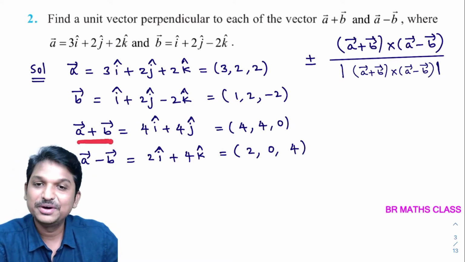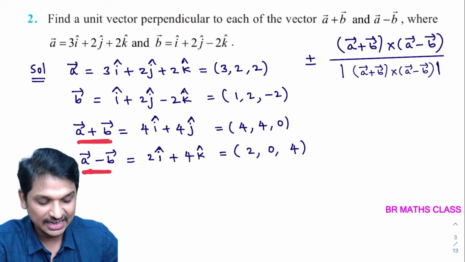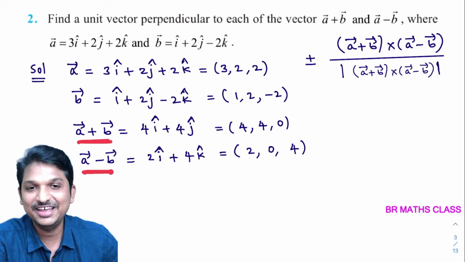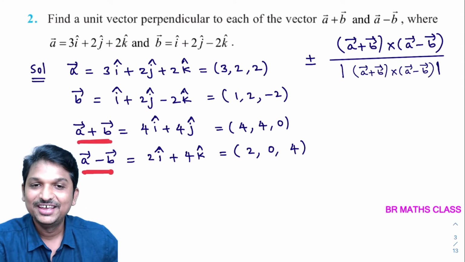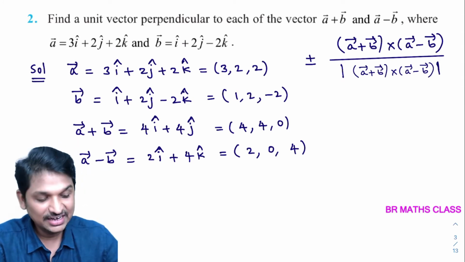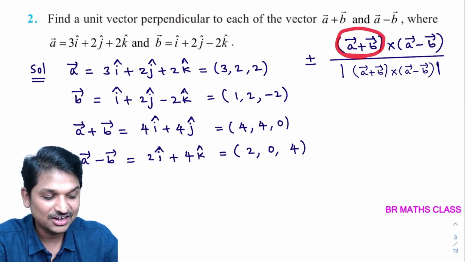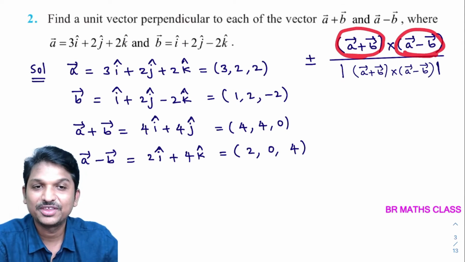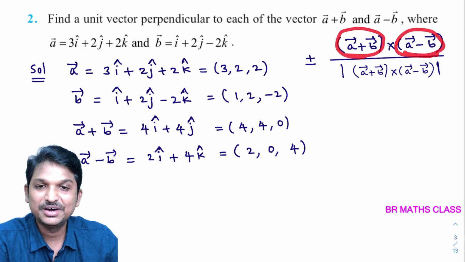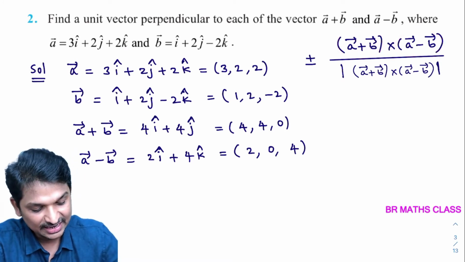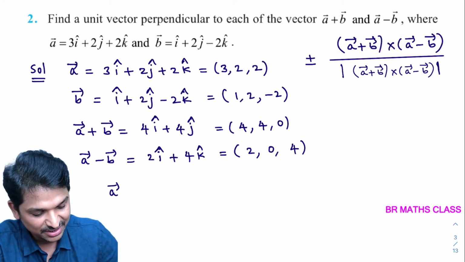I calculated A bar plus B bar and A bar minus B bar, okay? So what I need now? I need A bar plus B bar cross A bar minus B bar. I need to calculate that.